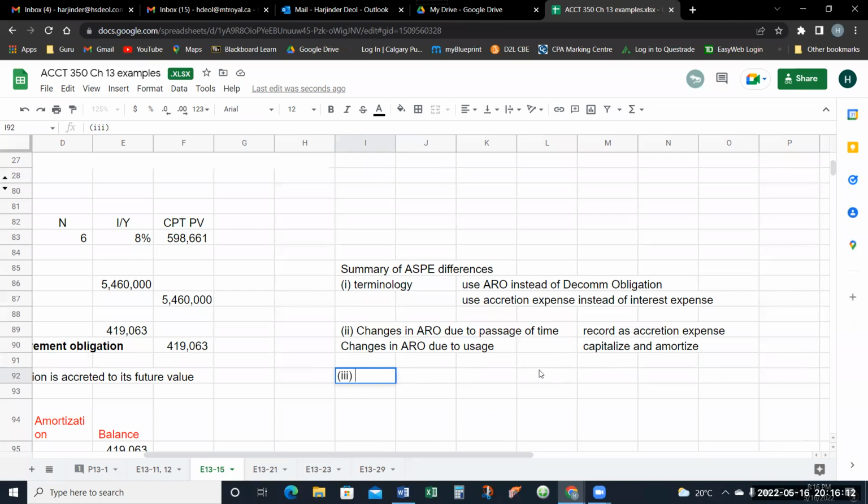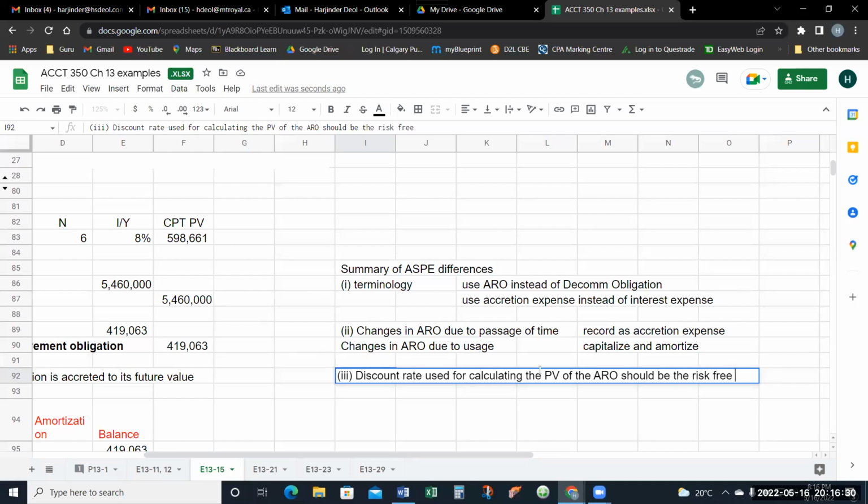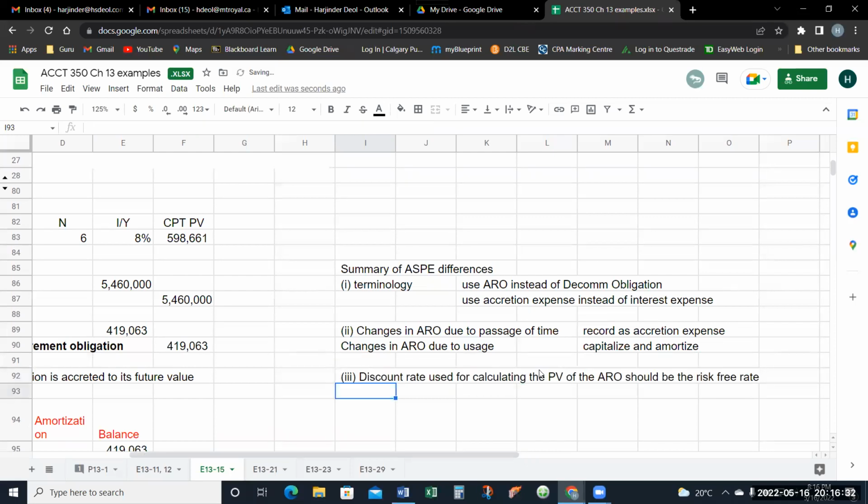Under ASPE, the discount rate used for calculating the present value of the ARO should be the risk-free rate. Okay, now this is kind of getting into very technical CPA territory.